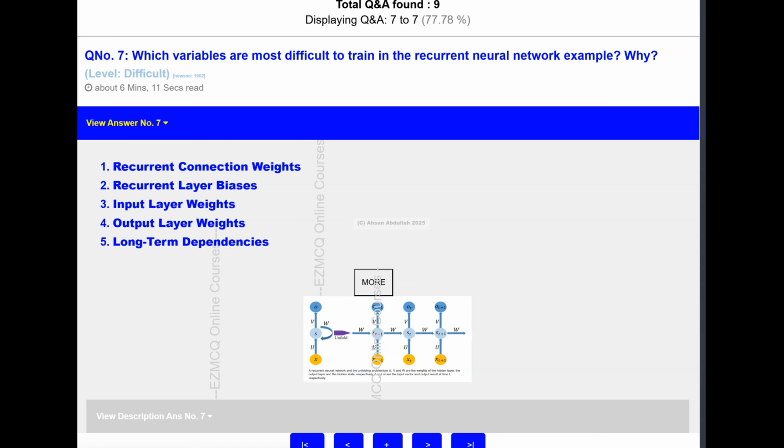Gradient calculation is itself a big challenge. There is a whole topic on it. Now we are looking at the gradients across time. So the recurrent connection weights are the hardest due to repeated multiplications that of course lead to vanishing or exploding gradients. So as I've shown you just now, these weights V, U, and W are the hardest to calculate.